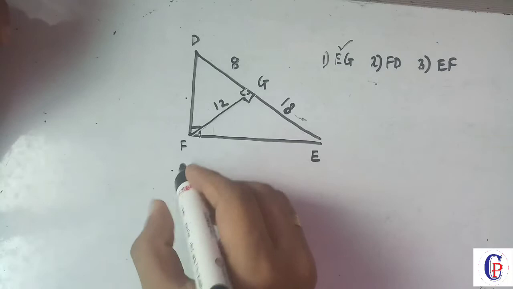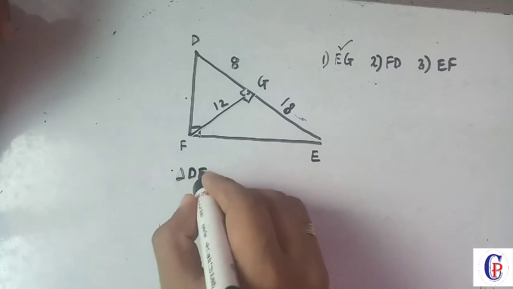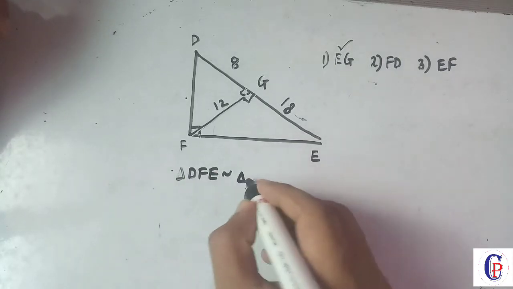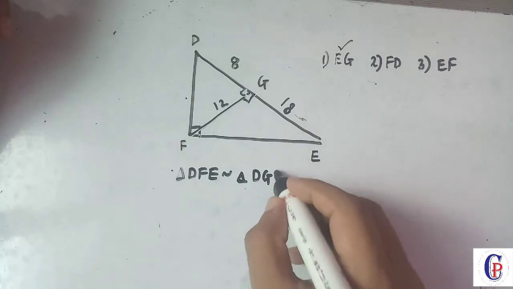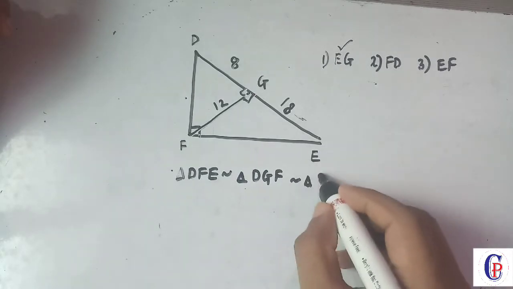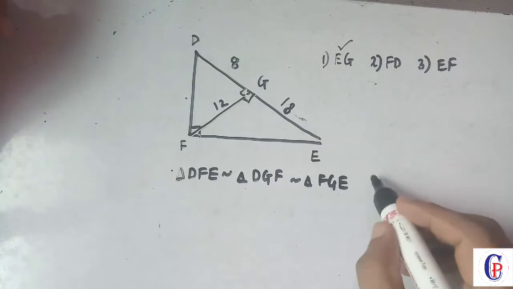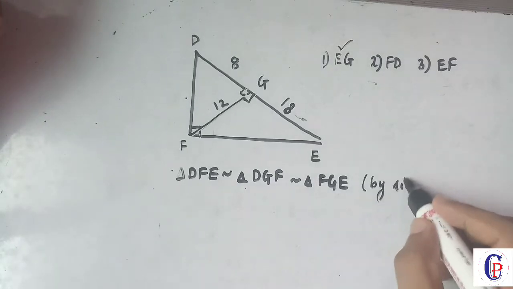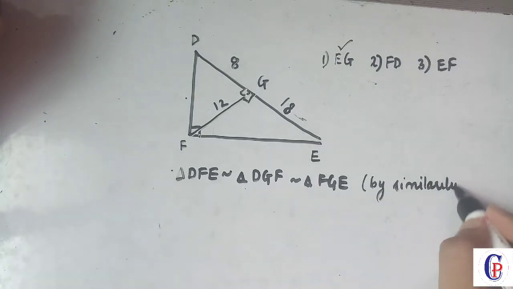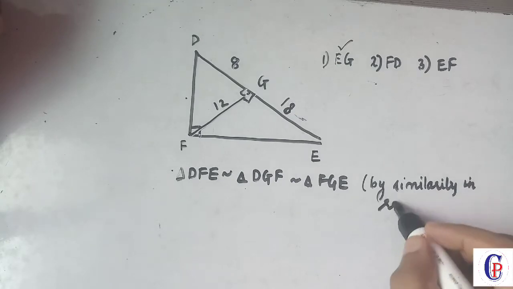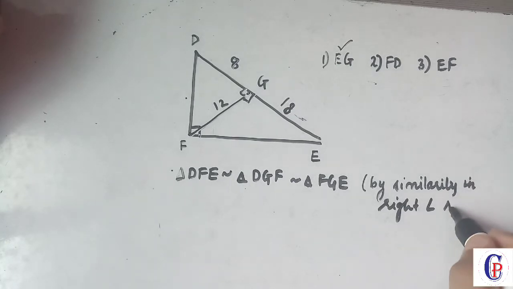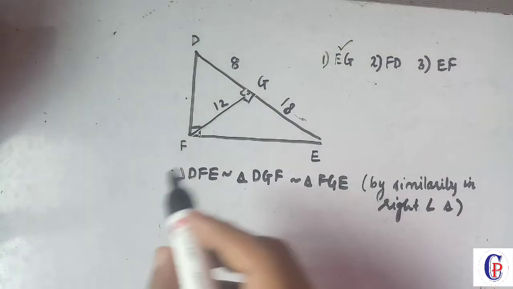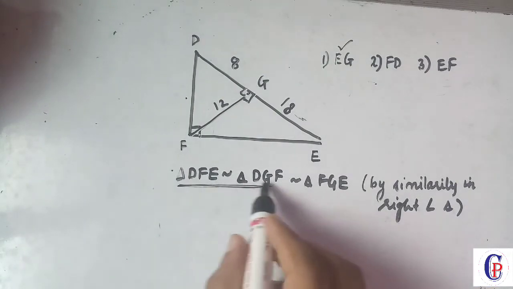Here we can say that triangle DFE is similar to triangle DGF is similar to triangle FGE, by similarity in right angle triangles. Let us choose these two.